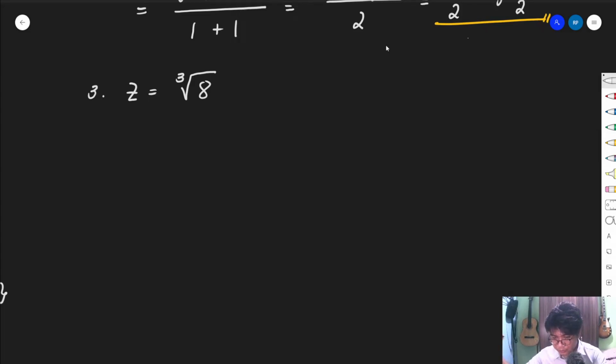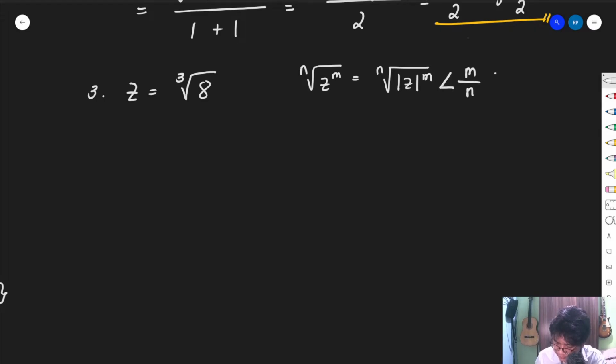Okay? So, since this is in the cube root form, we know that z raised to 1 over n, or the nth root of z raised to m, is equivalent to the nth root of absolute value of z raised to m, angle m over n theta plus 2 pi k.